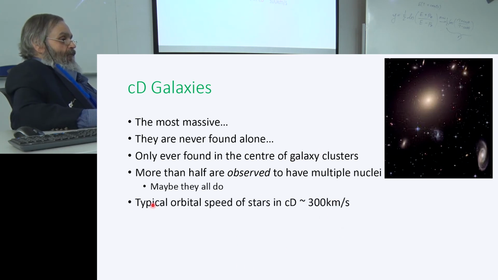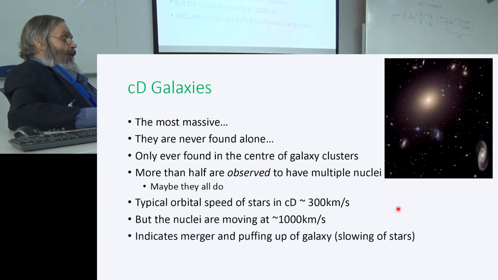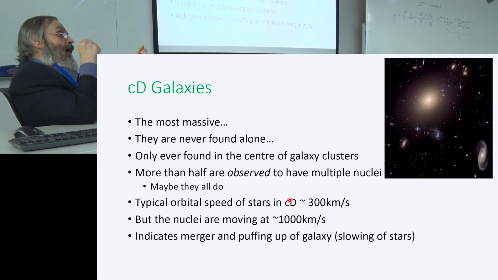Typical orbital speeds of stars in these things are 300 kilometres per second, but the nuclei are moving at around 1,000 kilometres per second. So this indicates that this thing has formed from a merger and puffing up of the galaxy, which will cause the stars to slow down. So some galaxies, at least two, have come together and merged.